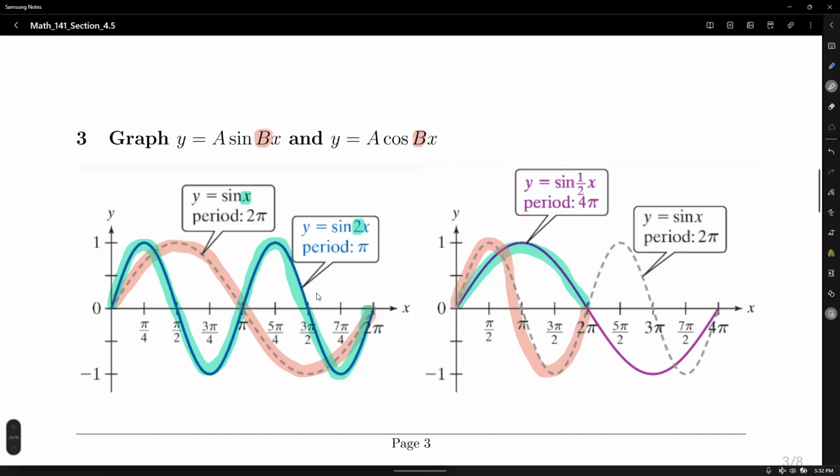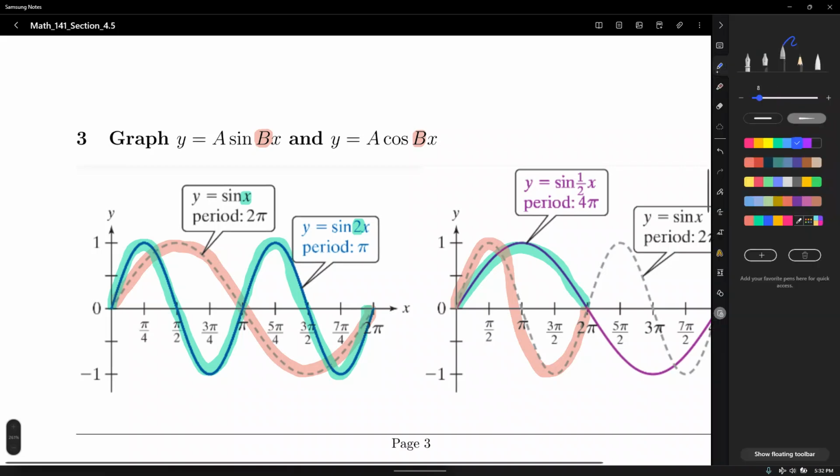Well, let's graph some of these examples, but before graphing this, let's explain what these b's do to the coordinates of the point. So the letter a, again, in front of the trigonometric function, actually multiplies the y coordinates by a.